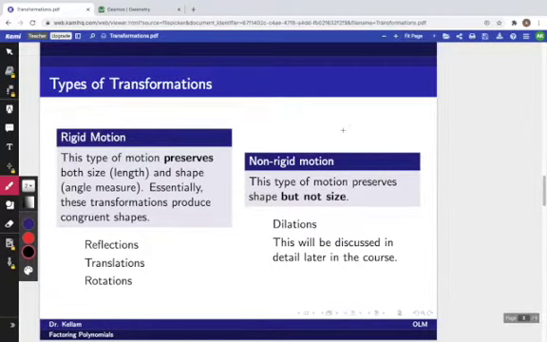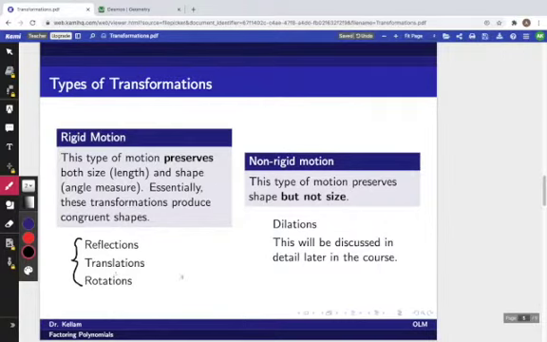Your pupil does not change shape. It remains a circle, but it can become larger or smaller depending on the amount of light that is available. But dilations are going to be covered much later in the course. So the ones that we're really going to be concerned with right now are these three.